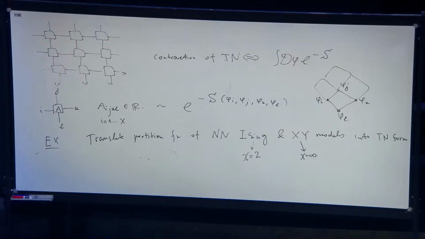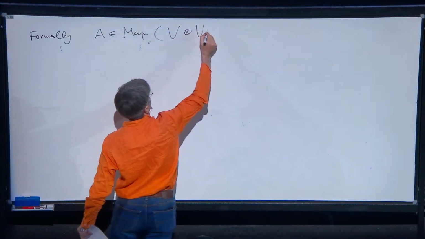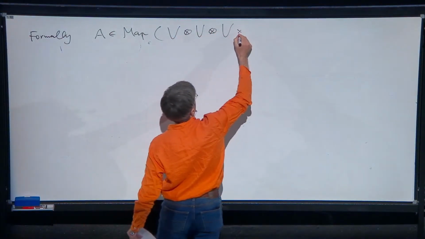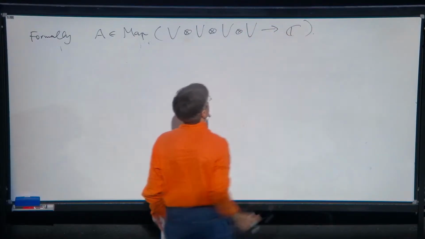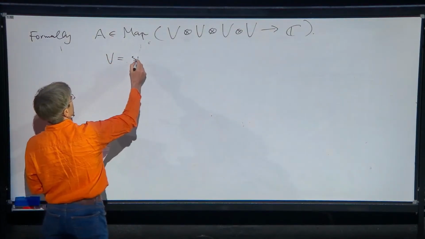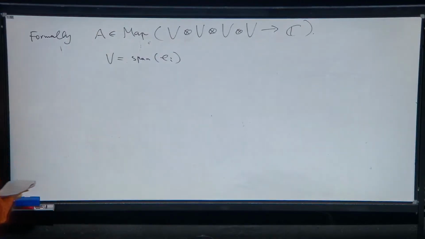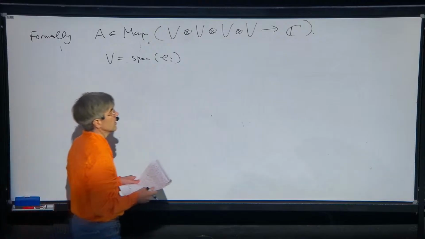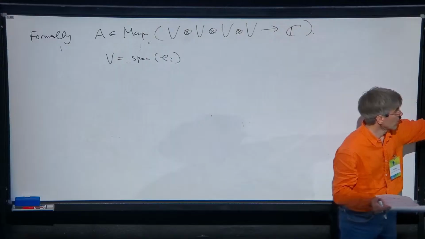So formally, you can say the tensor A is a map from the tensor product of 4 Hilbert spaces to, say, complex numbers or real numbers, where V is a Hilbert space which is spanned by an orthonormal basis, which is in one-to-one correspondence with indices i, j, k, l, which I assigned on the legs.